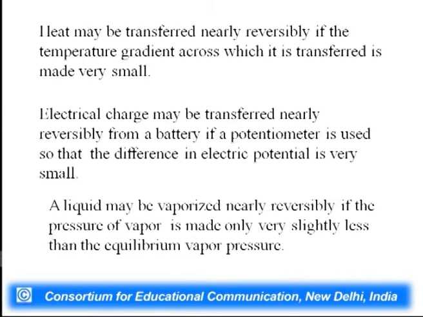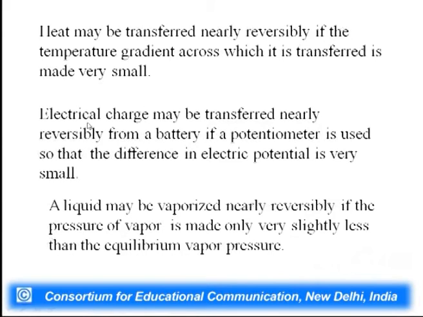Not only work can be done reversibly, heat can be transferred reversibly also, and the way you can do it is by choosing the temperature gradient across which it is transferred to be very small. So, heat may be transferred nearly reversibly if the temperature gradient across which it is transferred is made very small.